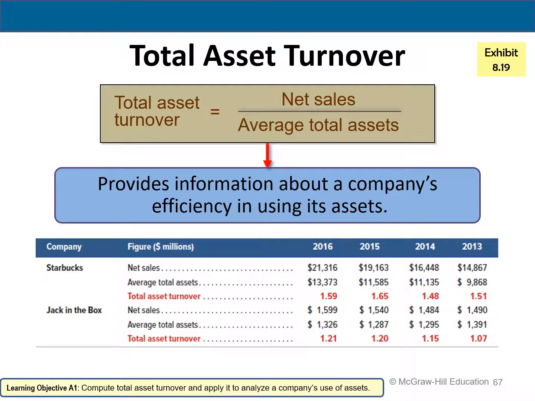You can see Starbucks has a relatively flat asset turnover, about 1.5 times on average. Whereas Jack in the Box assets are turning over about 1.2, 1.15, 1.07. So over the history, Jack in the Box is actually increasing their asset turnover, so they're getting more efficient in using their assets.